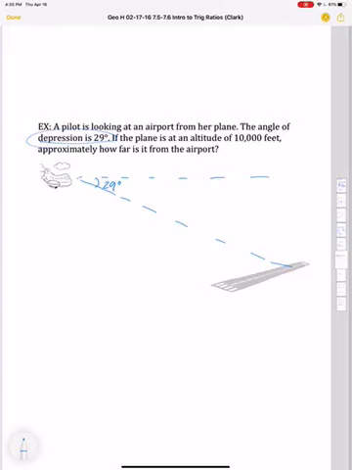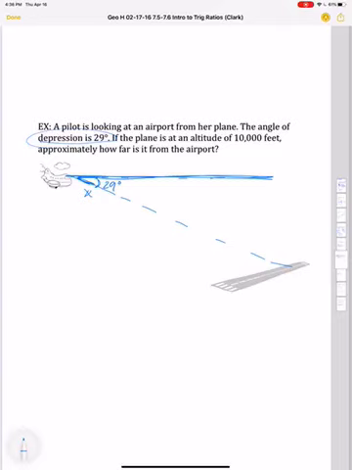It's important that we know this is the angle that's 29 degrees, not anything over here. It's up here, where your line of sight would be, and then we go down from that, 29 degrees.